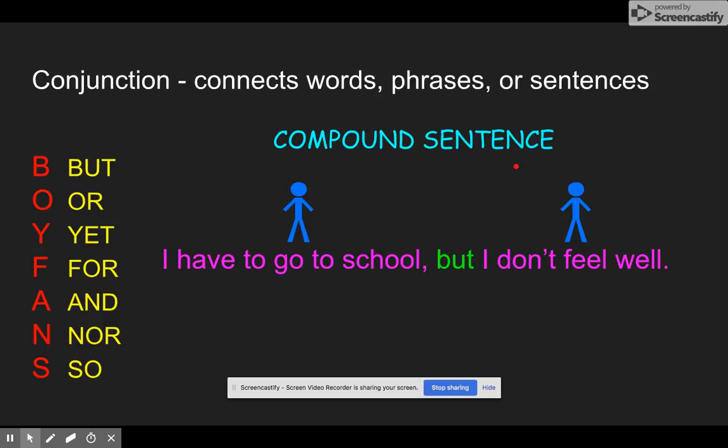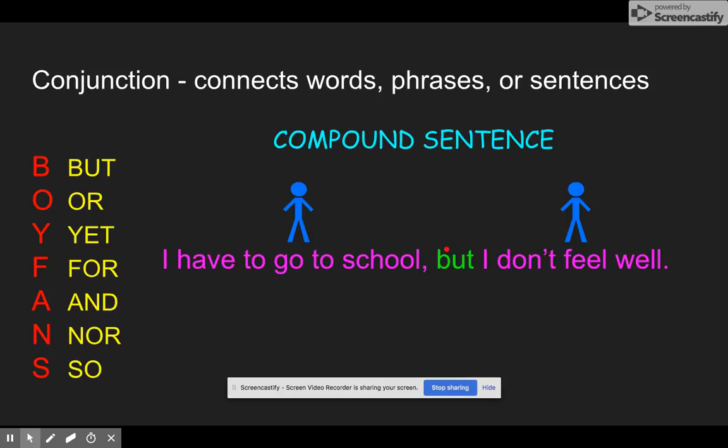So here's an example of a compound sentence. I have to go to school, but I don't feel well. This is a compound sentence because both of these could stand alone as a complete sentence. I have to go to school. I don't feel well. When you combine them with a conjunction, it becomes a compound sentence.